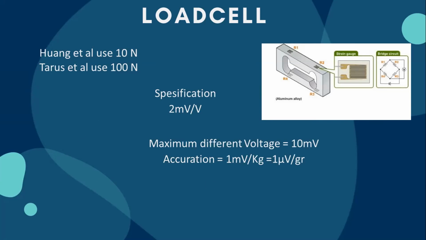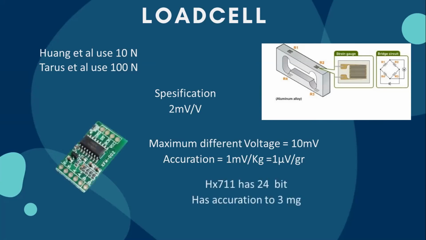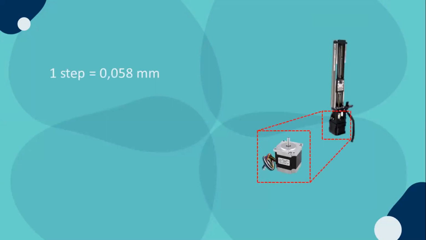Because of that, we will use an amplifier, that is HX711. HX711 is used to amplify the signal from the sensor. HX711 has 24-bit accuracy, so that the load cell sensor accuracy can reach 3 milligram. Furthermore, to increase the length of the samples, a stepper motor and linear gauge are used.